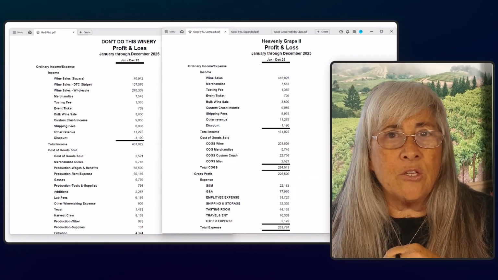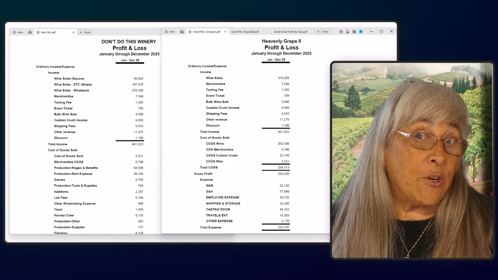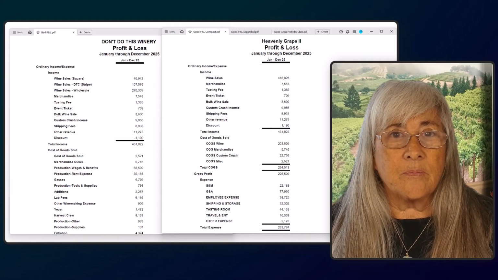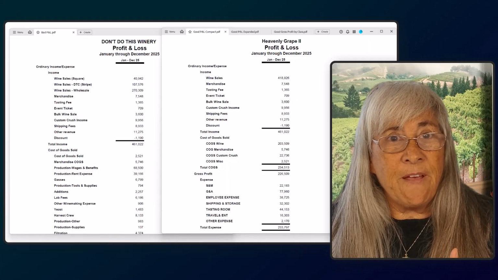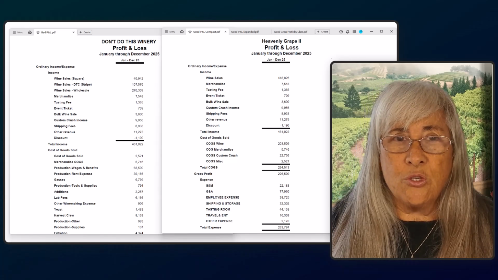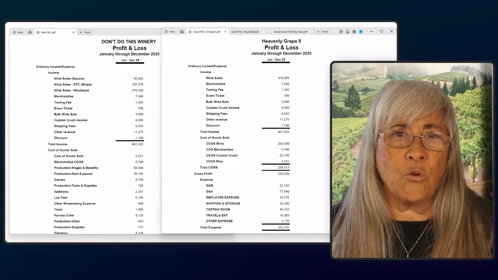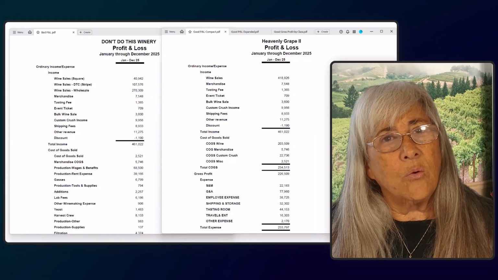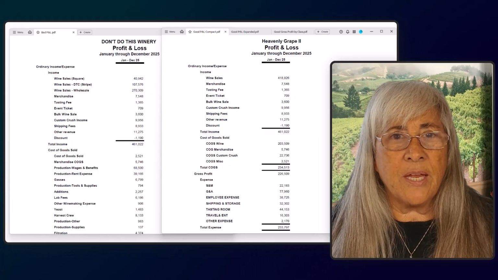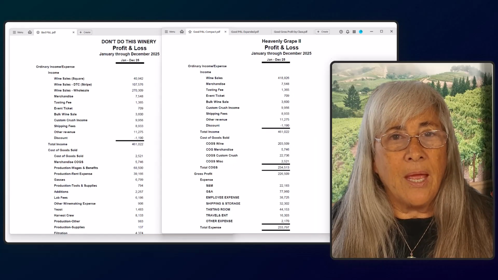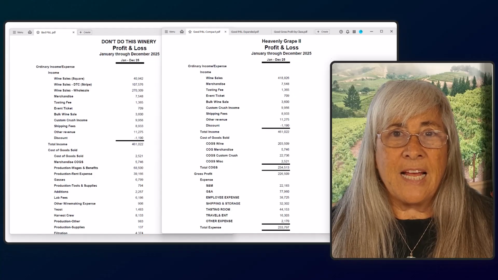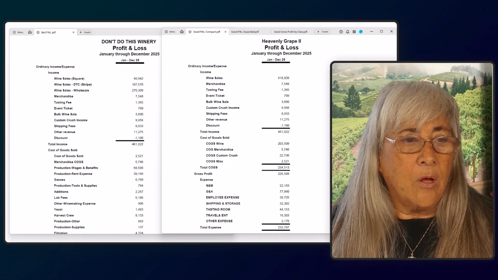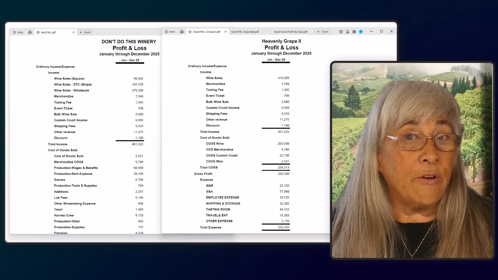A winery sells through many different channels at very different markups. To manage that effectively, you need to see the gross profit by channel, not just total revenue. In QuickBooks, the way to do that is with classes. One income account, one COGS account, and the channel breakdown handled by the class report you just saw. A winery also has a lot of overhead accounts.